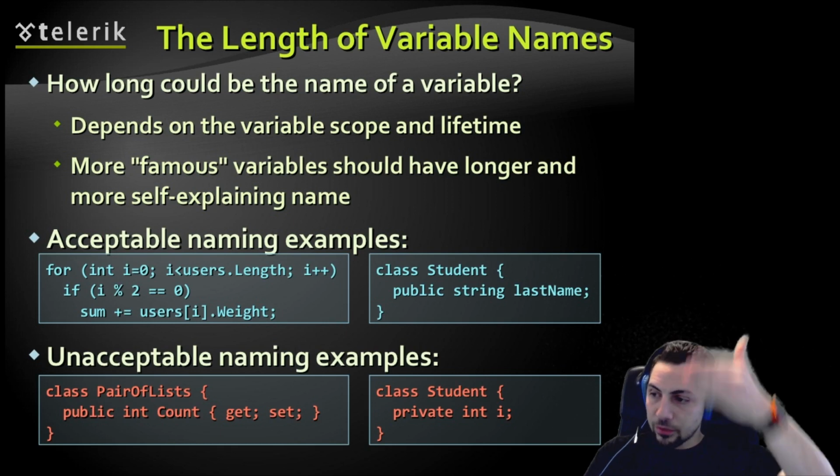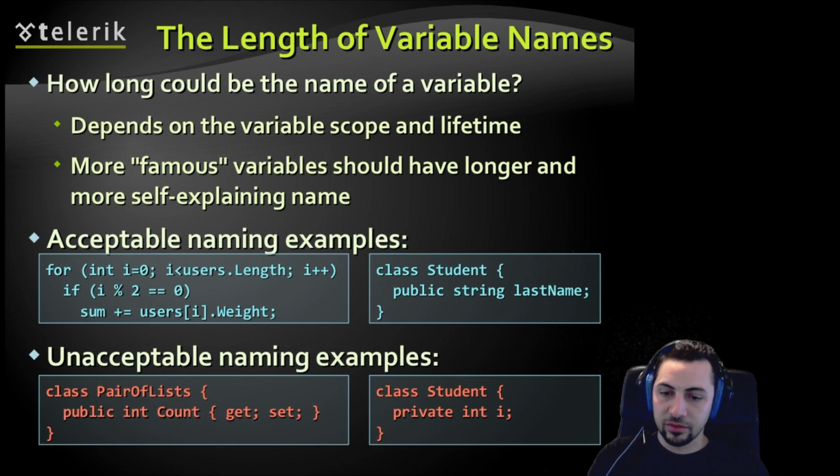If it's going to exist for multiple screens worth of information, you have to name it a longer name, a more self-explanatory name. And that's part of that self-documenting code that some people say doesn't exist, but I argue if you have a class called student with a variable called last name, it's probably the student's last name.